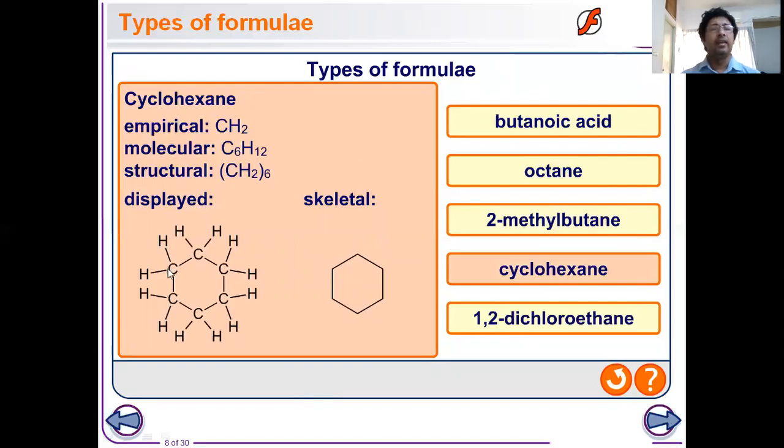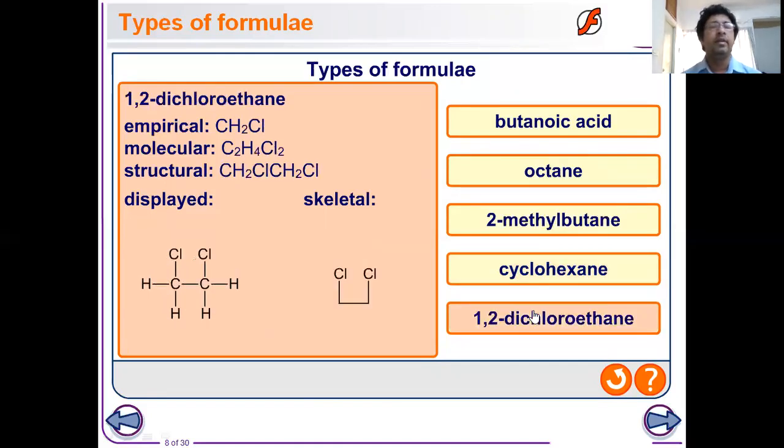This is a cycle, cyclohexane. So the skeletal formula of cyclohexane will be like this. 1,2-dichloroethane can be shown in this way. Well, next slide.